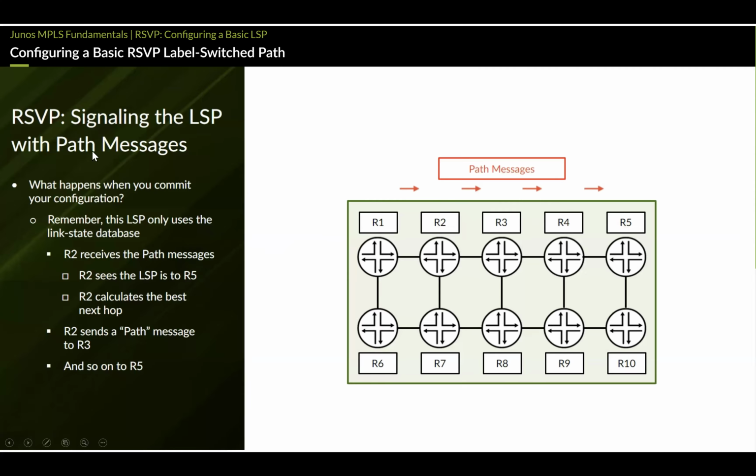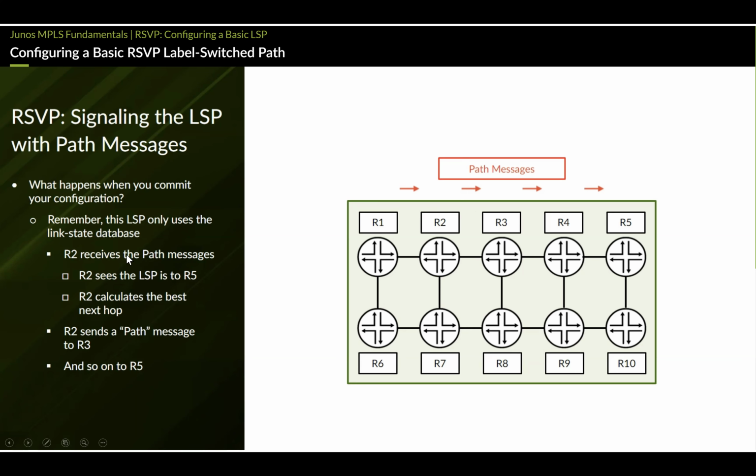RSVP is signaling the LSP with path messages. What happens when you commit your configuration? After configuring the LSP, they send the path message from ingress to egress router. This is called the path message.